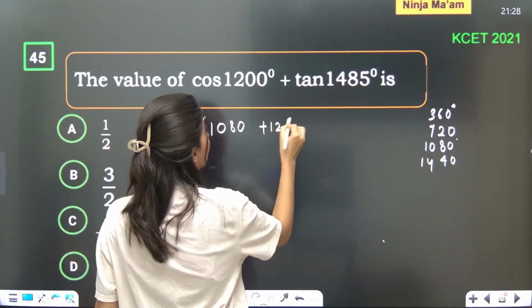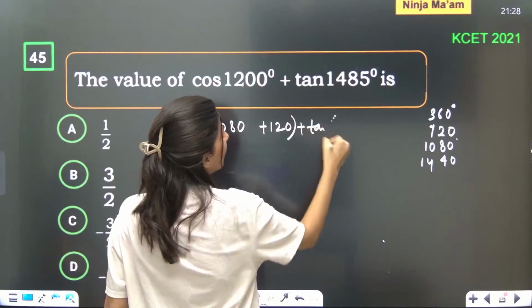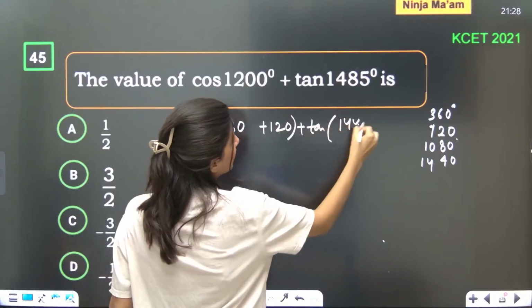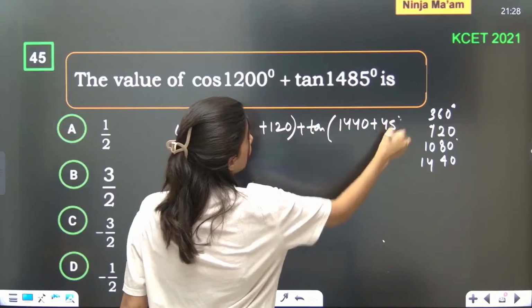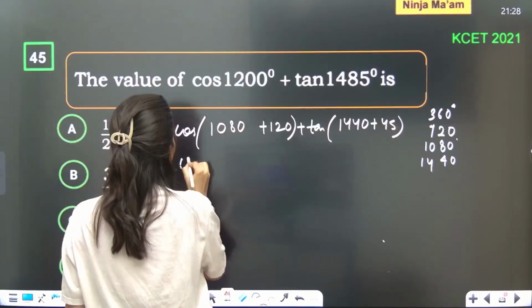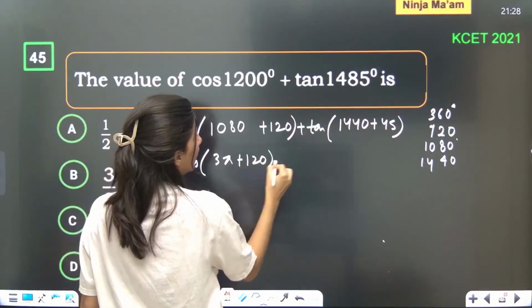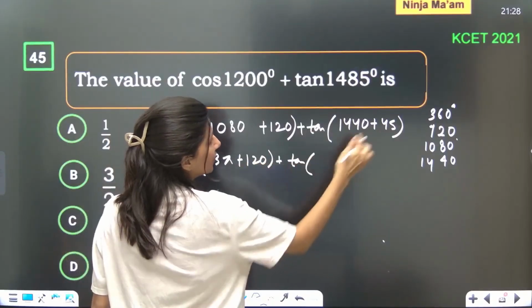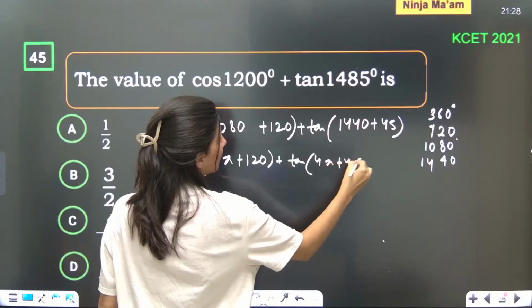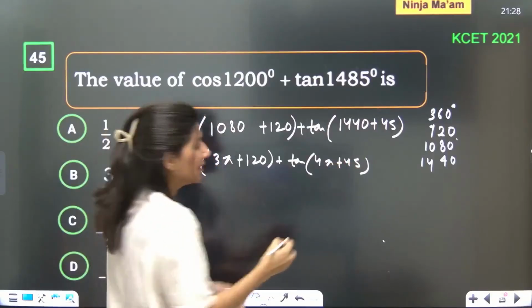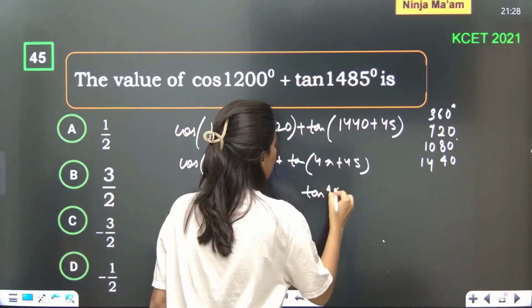Can I write 120? Plus tan 1485, so 1440 plus 45, correct? 1080 is 3 pi, so cos of 3 pi plus 120. Plus tan of 1440, which is 4 pi, plus 45. Now tan of 4 pi plus theta is tan theta. So this is tan 45 only.